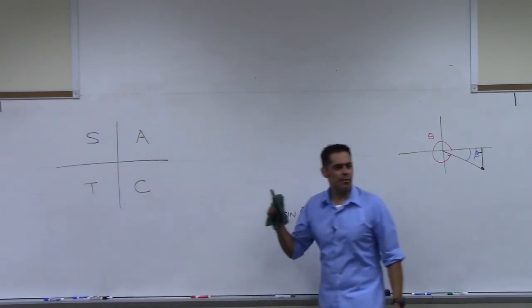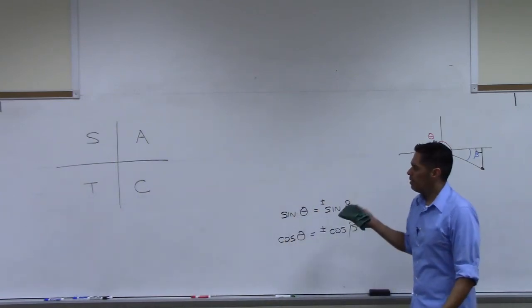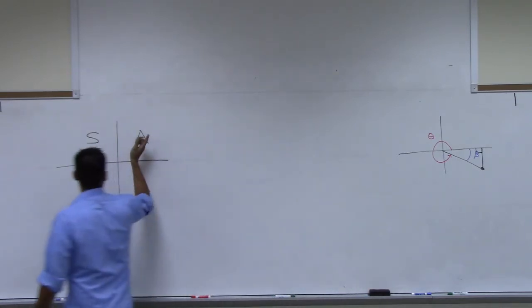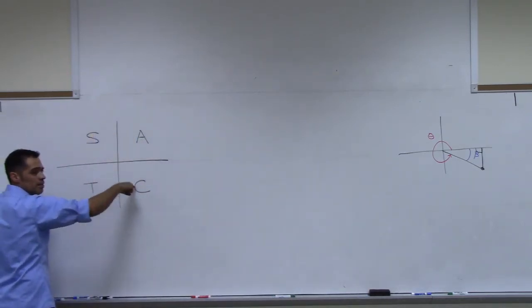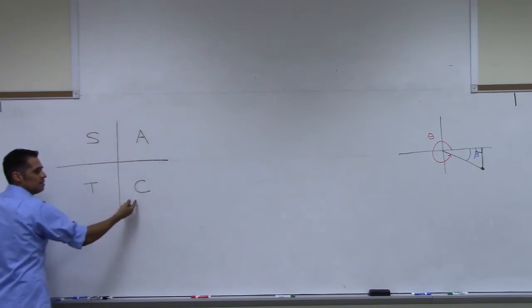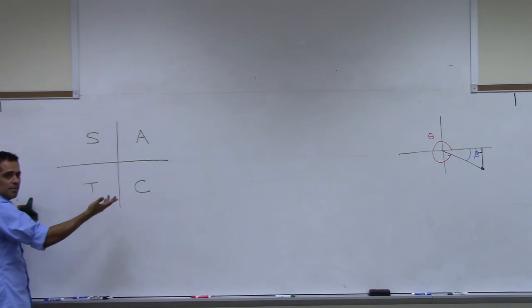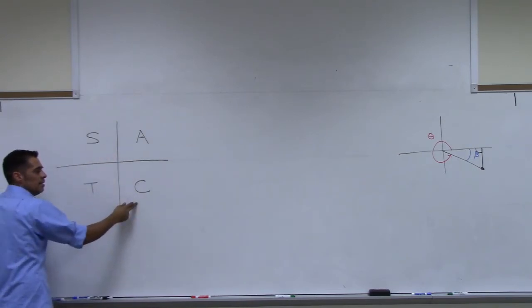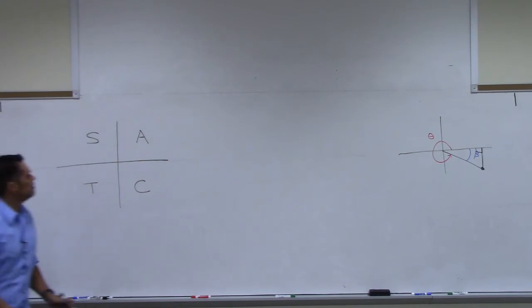Y'all ever seen that before? All right. A way to remember that is, you start in the first quadrant and we go backwards with angles like this, right? Counterclockwise. All students take calculus. That's the way that I was taught it. There's other ways, but all students take calculus. And what this means is this.